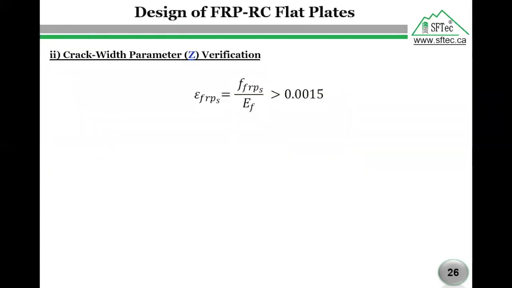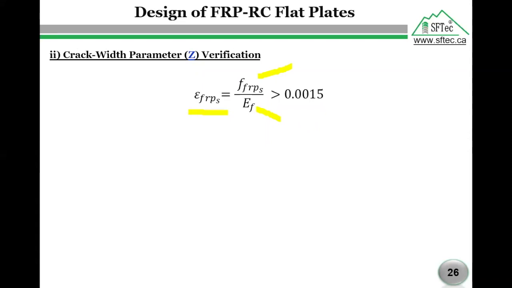Now we check the stress in the used reinforcement, and the elastic modulus is known to us. So we have here the maximum stress in the FRB bar under service load. We know the elastic modulus from the manufacturer or from testing, so we can get the strain under service load.